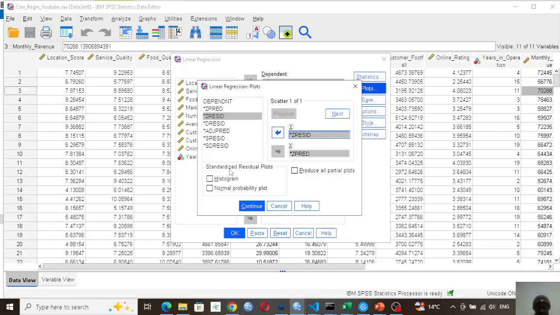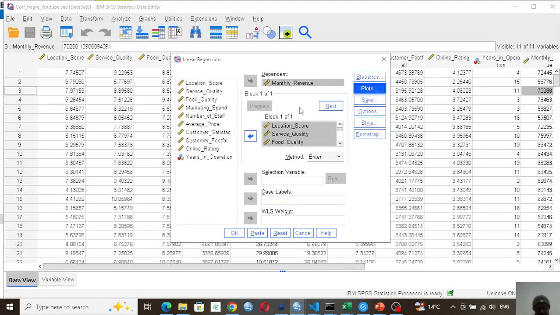Then we check standardized residual plots and use the histogram. You already know how we check normality from my other video. So you say Continue. I think these are the only things you will need, and then you say OK.